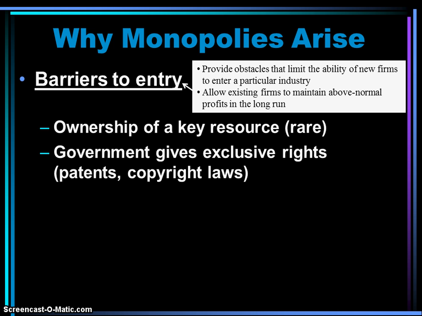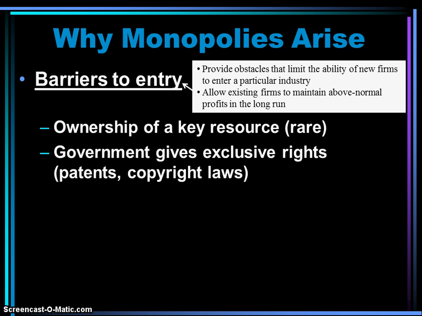And if businesses knew that could happen, nobody would invest money in developing new and better products. So the fact that the government will award patents and copyrights for certain periods of time to different companies gives companies that incentive to develop new and better products.